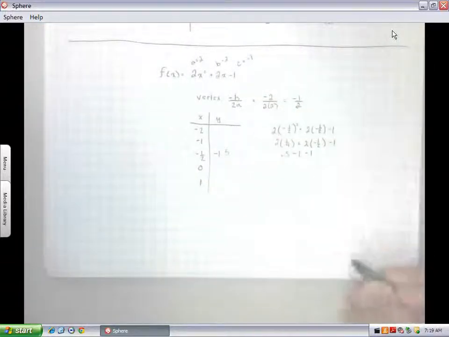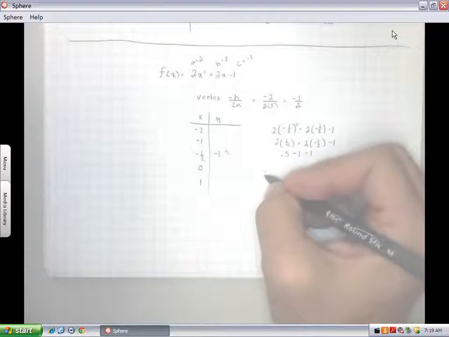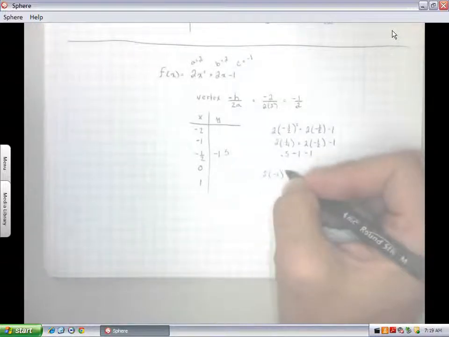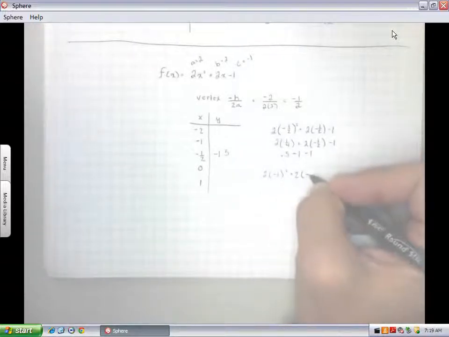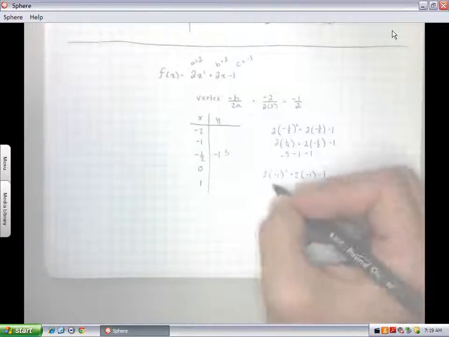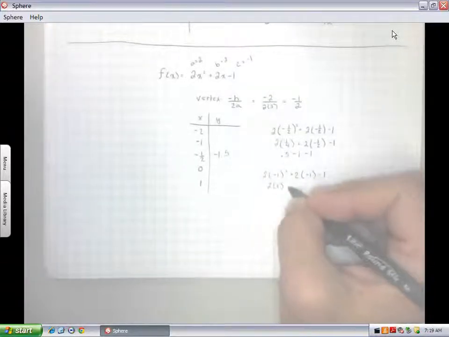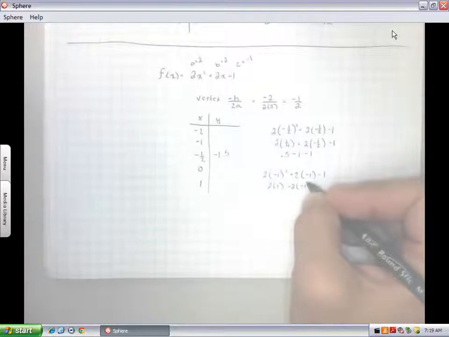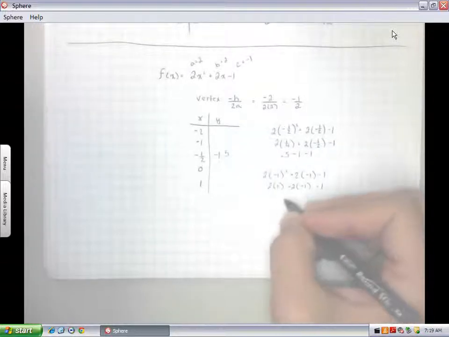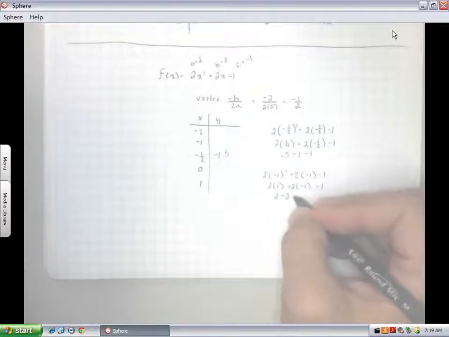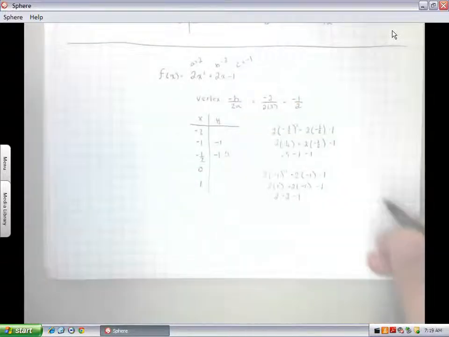Now trying to plug in the negative 1, so 2 times negative 1 squared plus 2 times negative 1 minus 1, that's 2 times 1 plus 2 times negative 1 minus 1. 2 minus 2 minus 1 gives me negative 1 there.